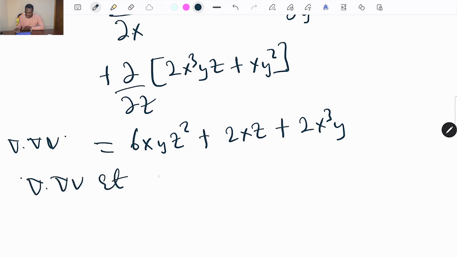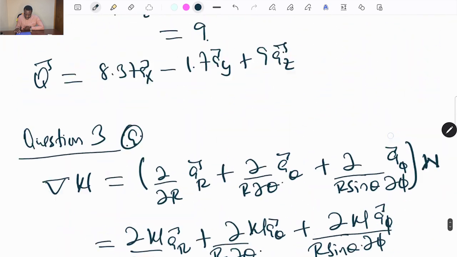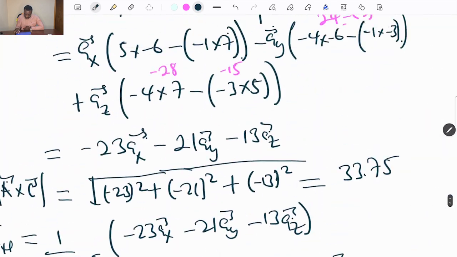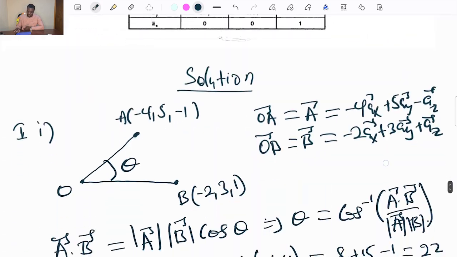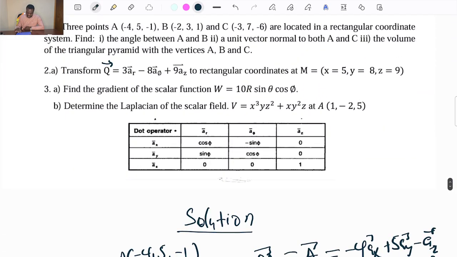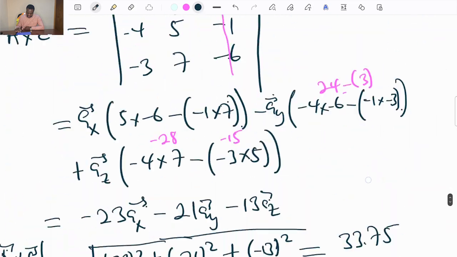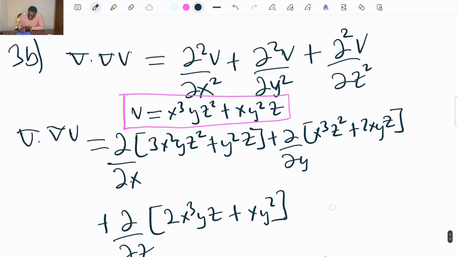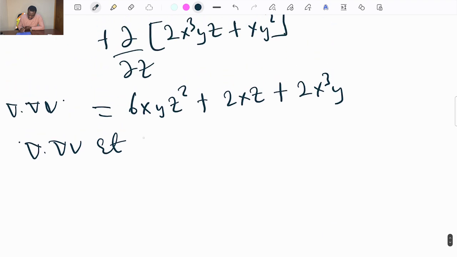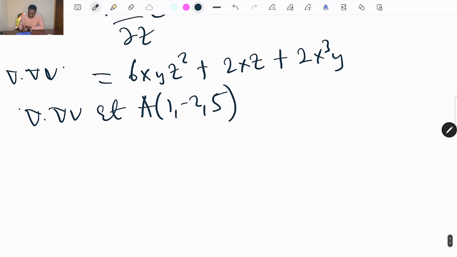And we have to find the Laplacian of this function at point A, which is 1, -2, 5. So that means we just replace the variables.